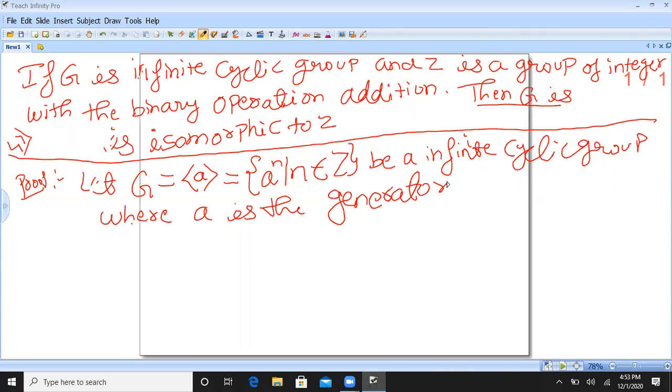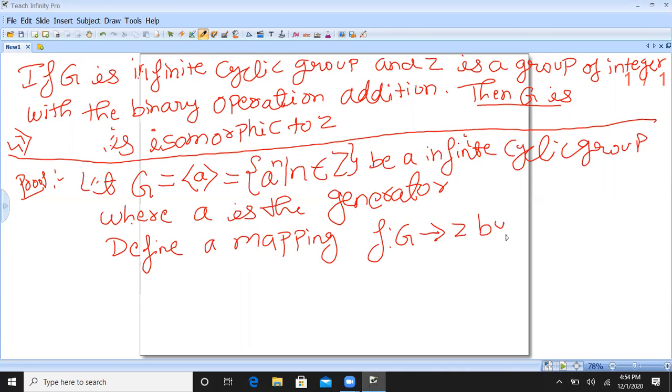So, defining a mapping F from G to Z by F of A raised to N is equal to N, for all N belonging to Z. This is equation number 1.